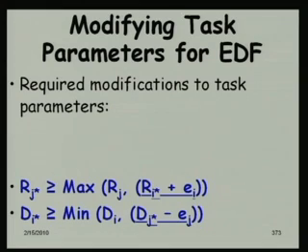Basically, we will have to modify the ready time so that a task does not become ready until the predecessor completes, and the predecessor completes when its own ready time plus its execution time is over.